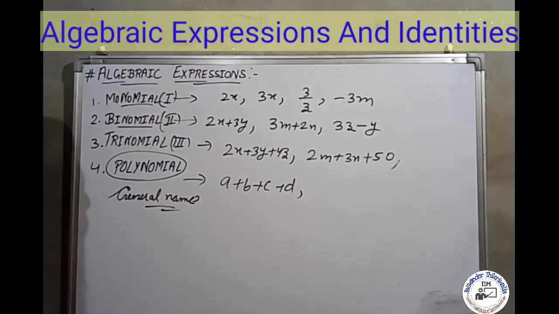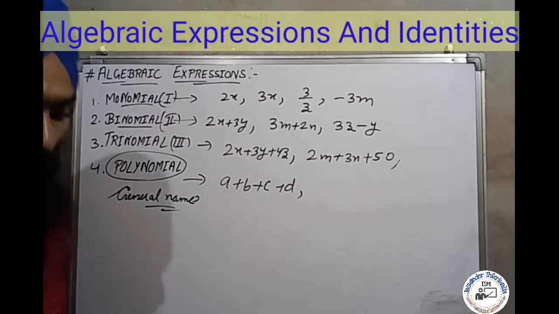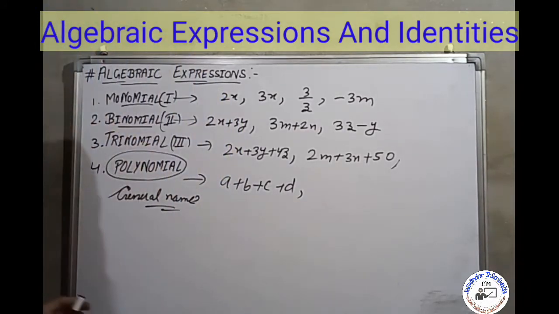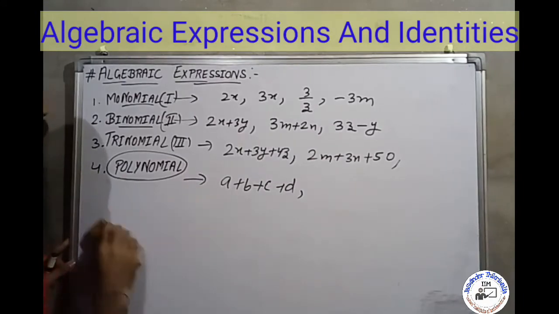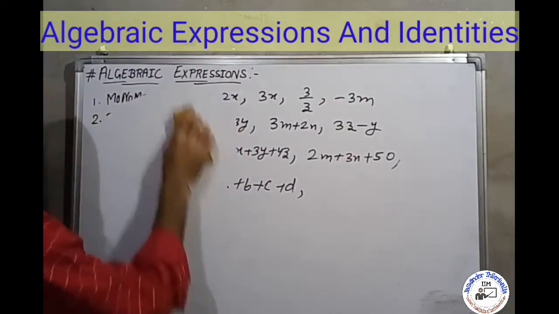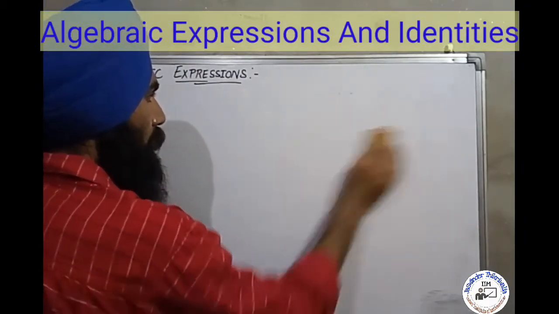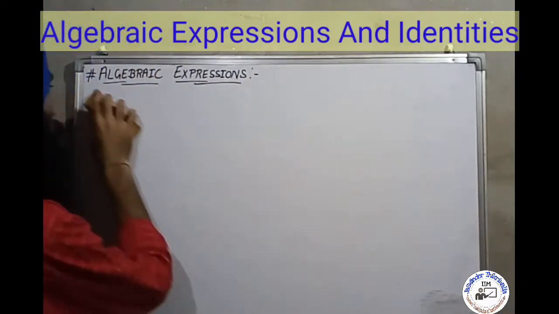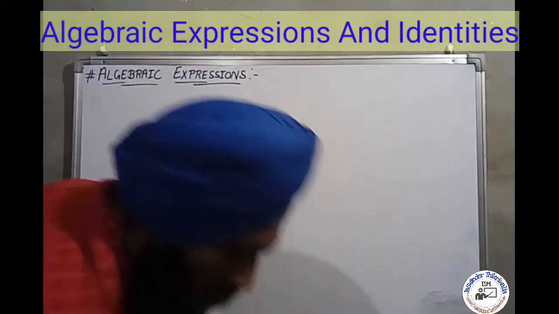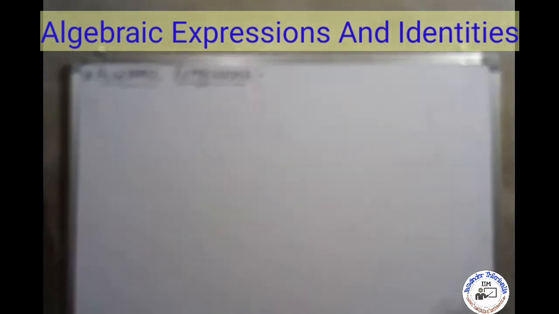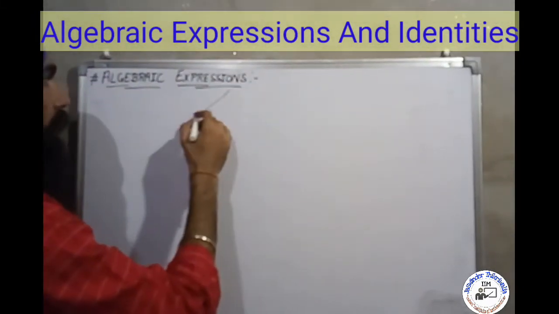Understood? Now next is like and unlike polynomials. Like means the variables are the same. Two types of these expressions are there, like and unlike.